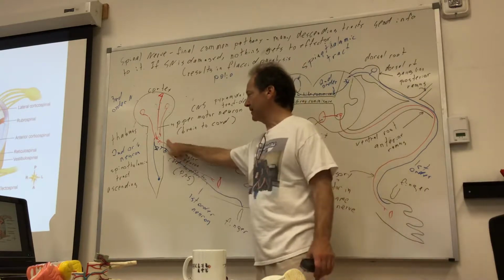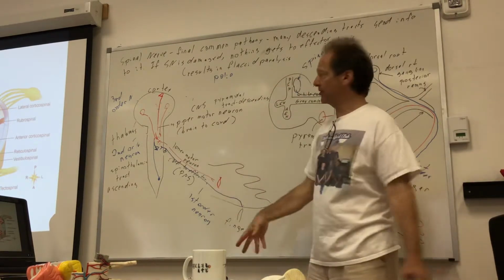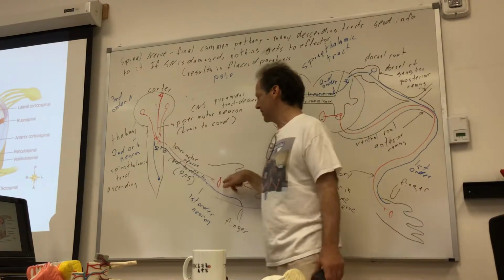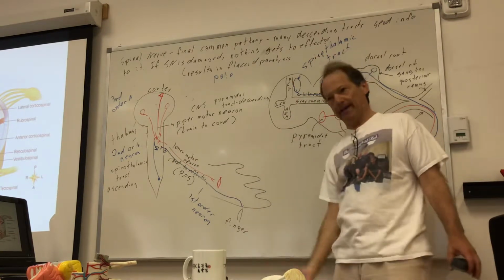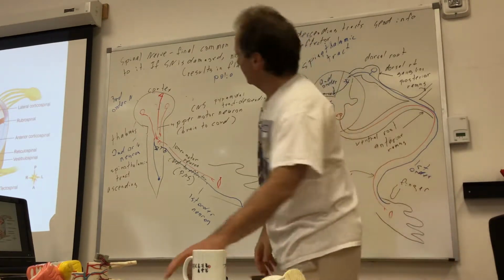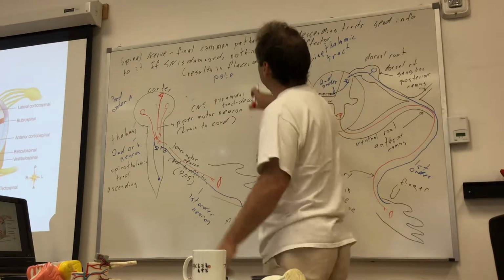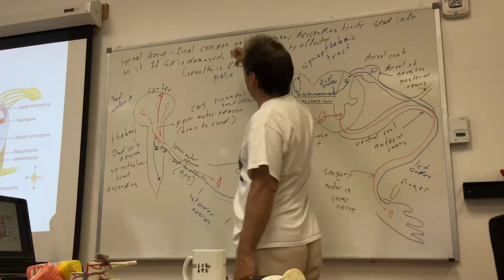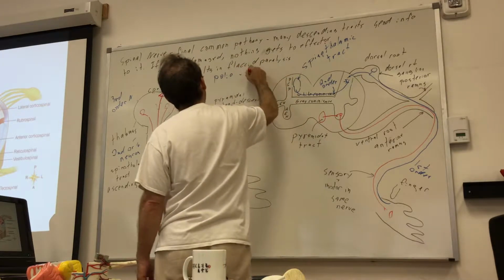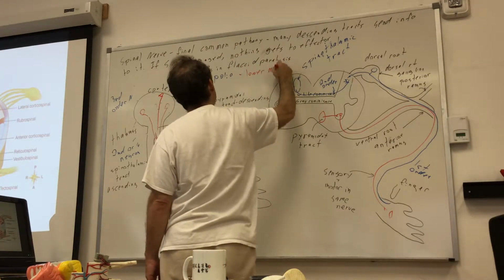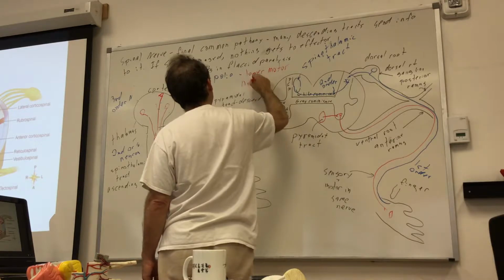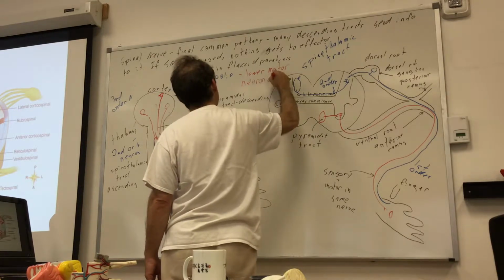Whereas if this one gets damaged, you're out of luck, because you can do whatever you want over here, and this is the way to get to this muscle. So flaccid paralysis. And since it's the spinal nerve, this would be lower motor neuron damage.